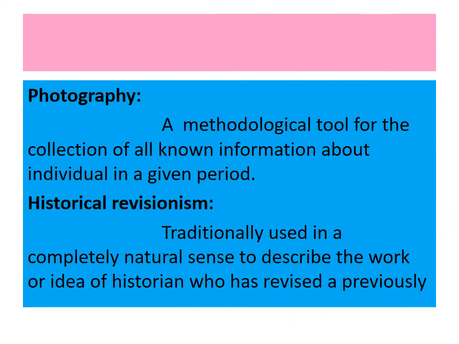Photography is one of the methodological tools for the collection of all known information. That is one of the evidence, the photograph of an individual who lived in a particular period. And historical revisionism is a tradition used in a completely natural sense to describe the work or ideas of a historian who has revised previous work.